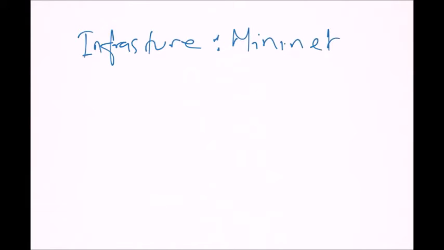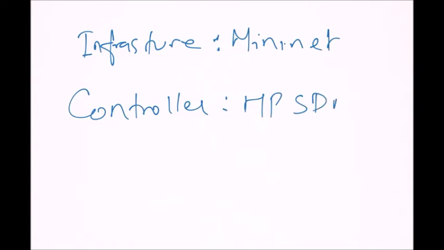So we just talked about the SDN architecture, and I also need to implement the same architecture when I'm designing my project. For the infrastructure, I use the Mininet software to simulate my SDN devices, and for the control layer, I use the HP SDN controller.